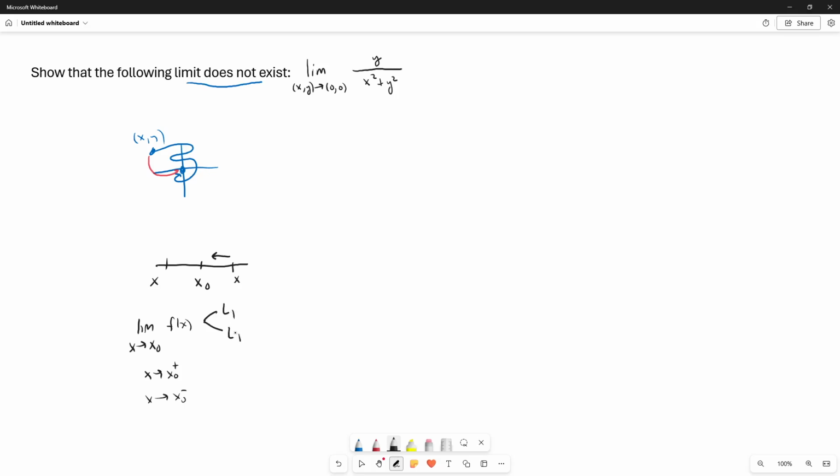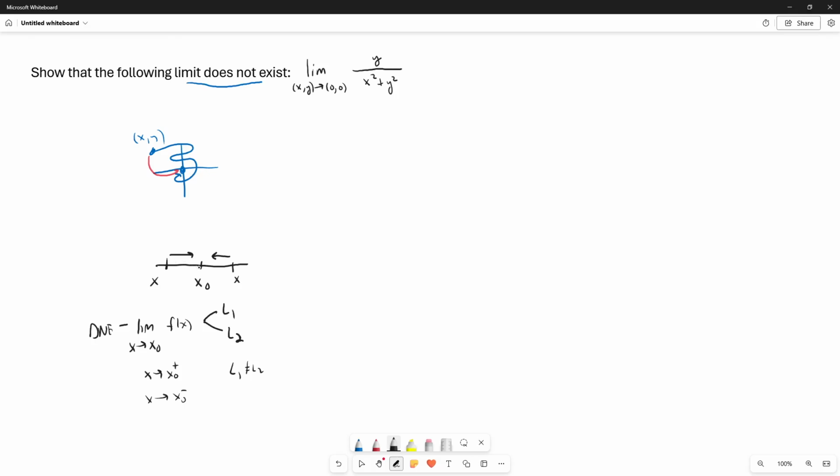If one direction gave us L1 and another direction gave us L2 and those were different, then this limit would not exist. So it's kind of similar to that, except in the one variable case, there's only two directions.